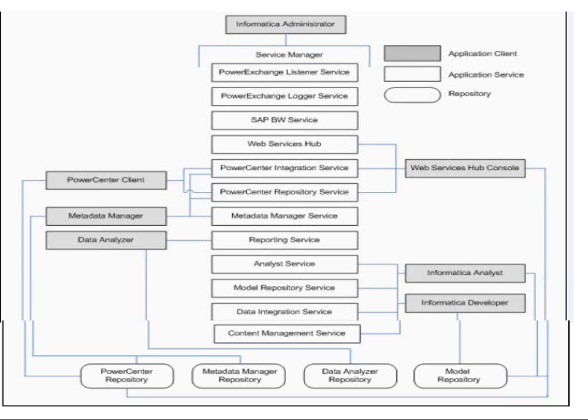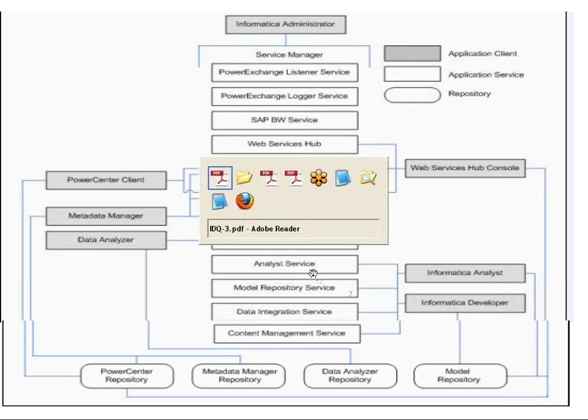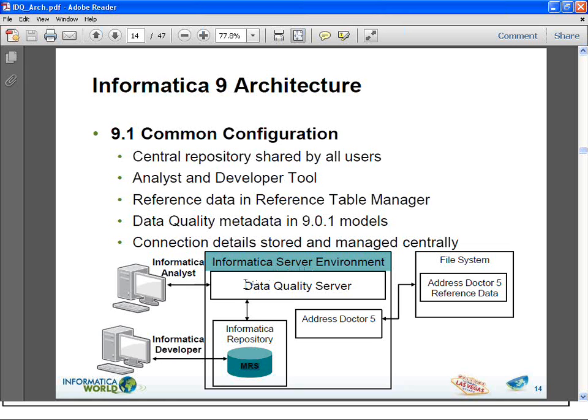Clear? This is with respect to the specific services we have within data quality. All of those services, from a notational semantics perspective, would come under the category of data quality server. So that's what we have with respect to data quality services.